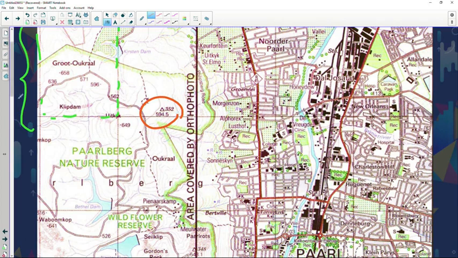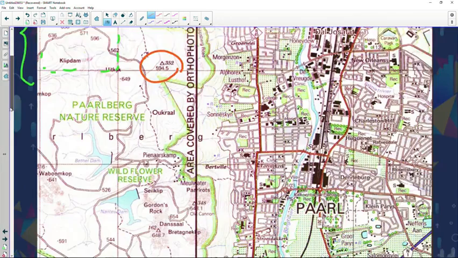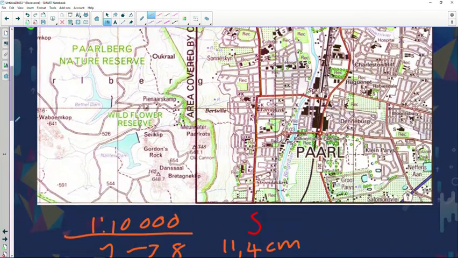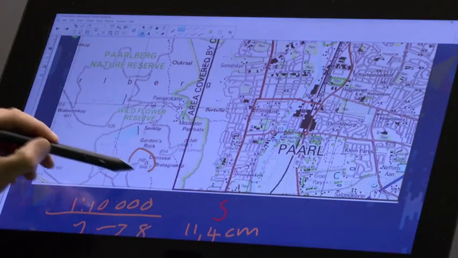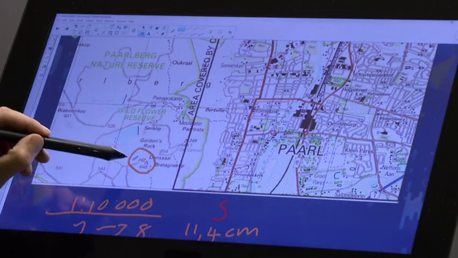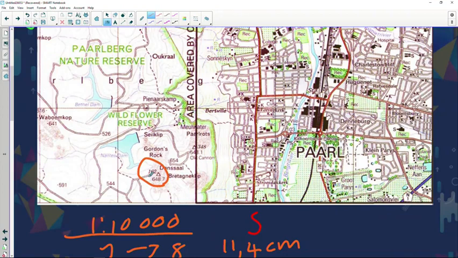If I can use another example quickly on this map. Over there, you can see the bold italic number is trig beacon 162. That's the trig beacon number. And the actual height, the altitude above sea level, is 648.7 meters.